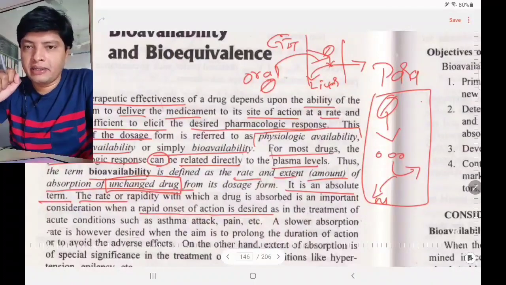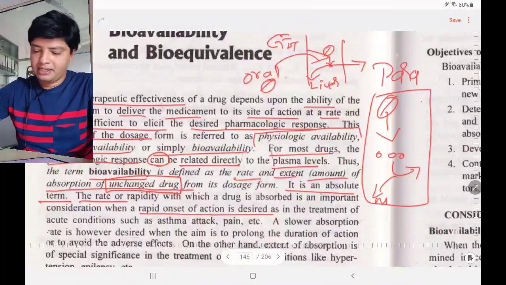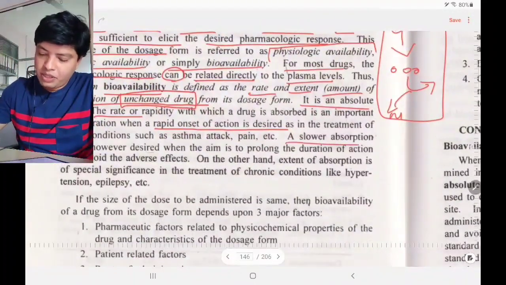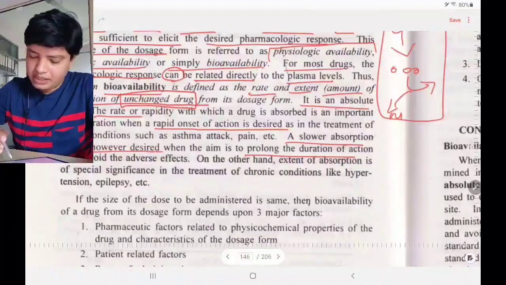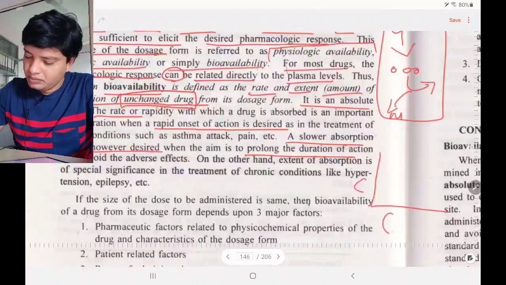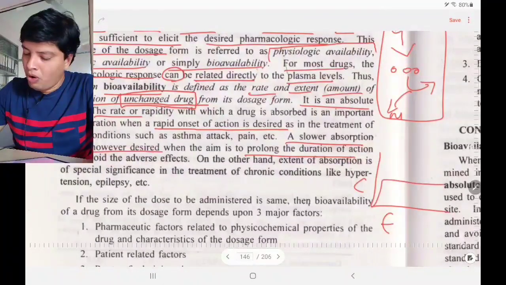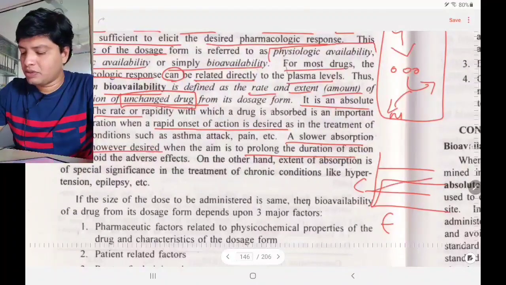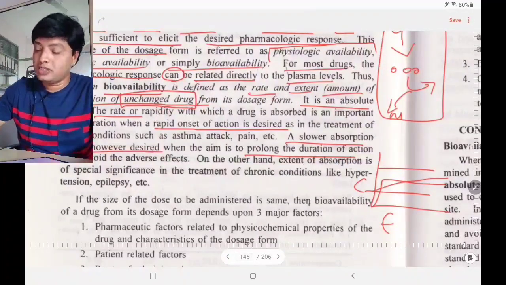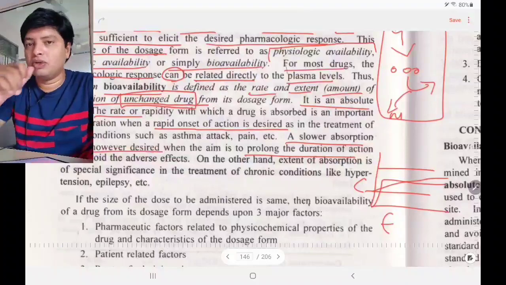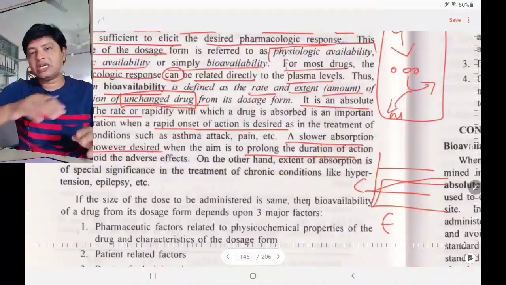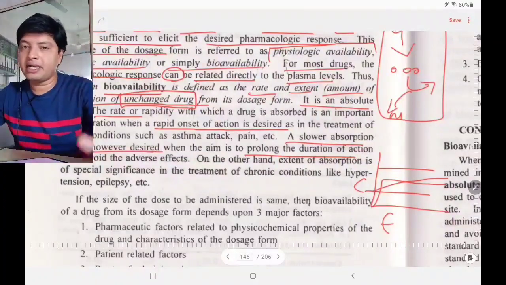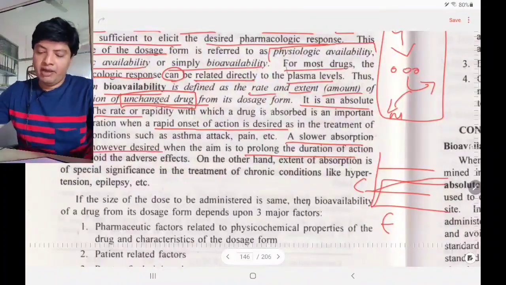In other cases, slower absorption is desired, when you want a prolonged duration of action. If you want the action to last long, you want the drug to be absorbed very slowly. If you require a very fast onset of action, the rate and extent of absorption should be very fast.